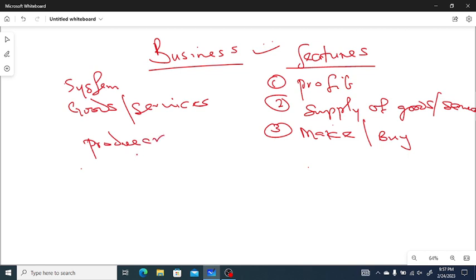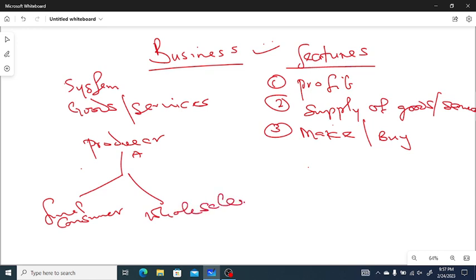You produce product A. Then as a producer, you can sell your goods direct to the final consumer, or you can sell your goods to a wholesaler, and this wholesaler will now sell it to the final consumers.